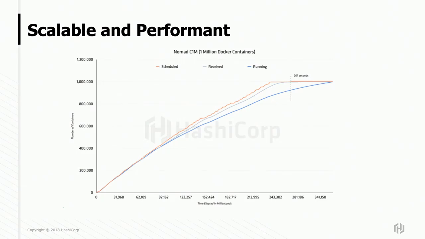The orange line is when the task was scheduled, and the blue line is when it was actually started running, after, in this case, Docker pulled the image and started running it. But this graph is almost linear. So as you scale up your application infrastructure, Nomad can handle that scale really well.